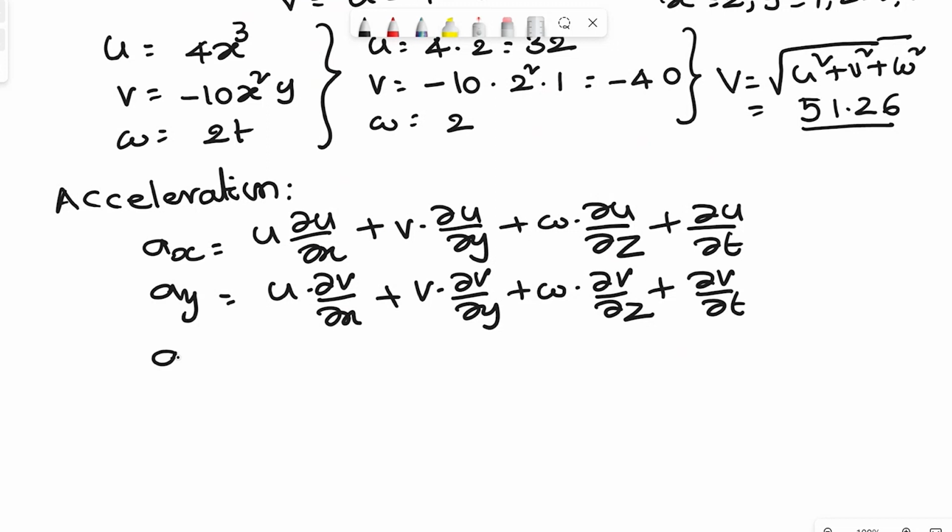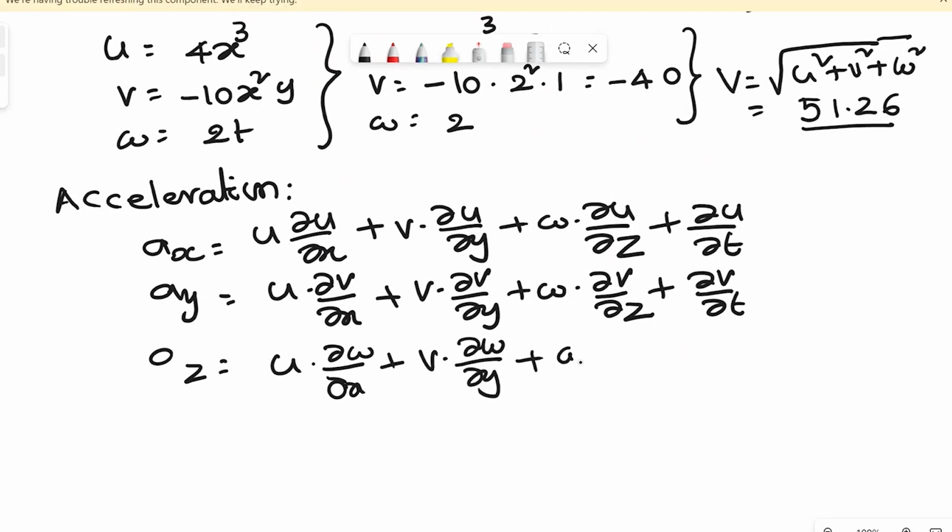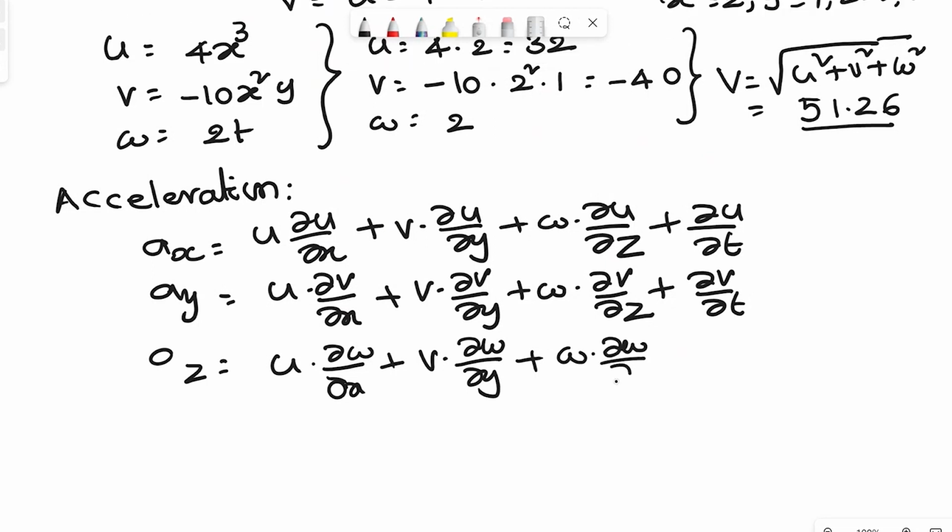And similarly, az is equal to u into dou w by dou x plus v into dou w by dou y plus w into dou w by dou z plus dou w by dou t.